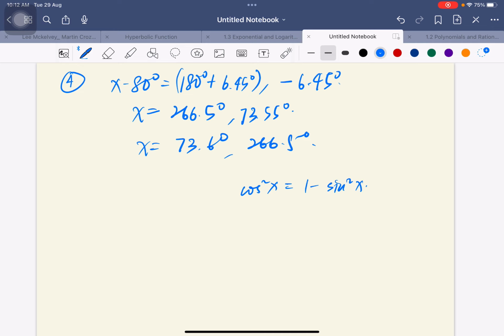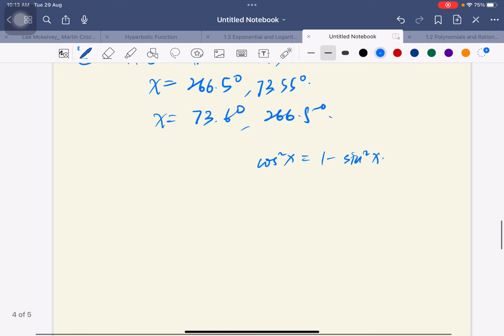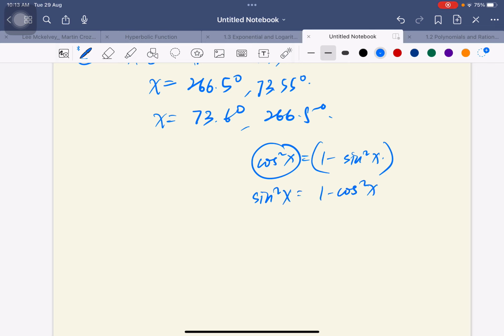So you have to be very flexible with the trigo identities, where they will be switching around, like they will express cos square x, then you must know this is 1 minus sine square, and if it's sine square x, then you must know immediately this is 1 minus cos square. Because when you're not familiar with the trigo identity, then it's very hard for you to solve the question in a more simple way.